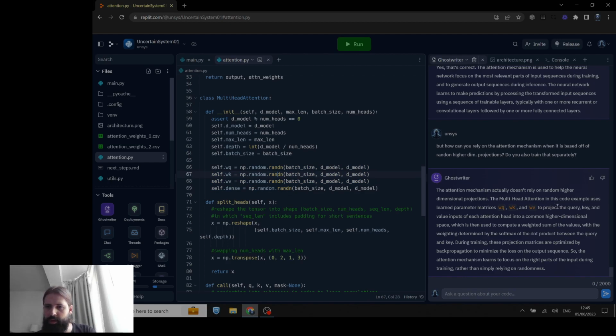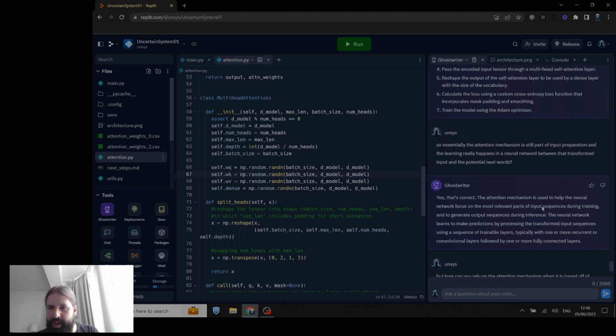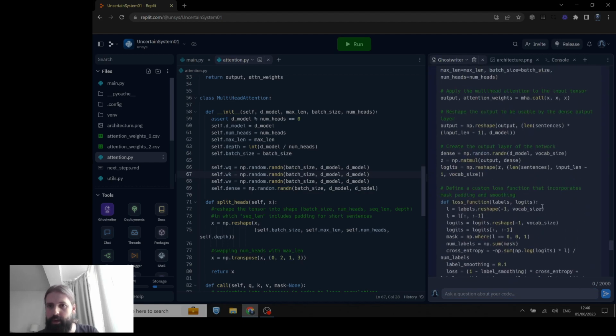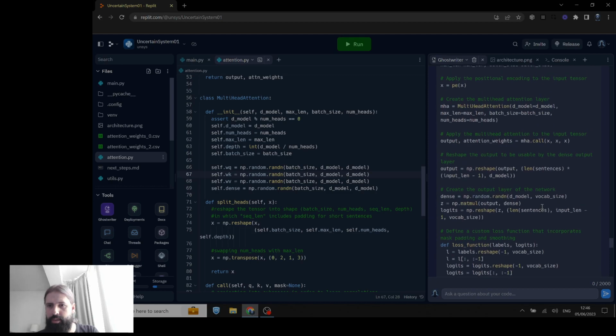The multi-head attention, for example, uses learned parameters. Okay, so it uses learned parameter matrices W to project the query. Yeah, but okay, so how do you learn these matrices?